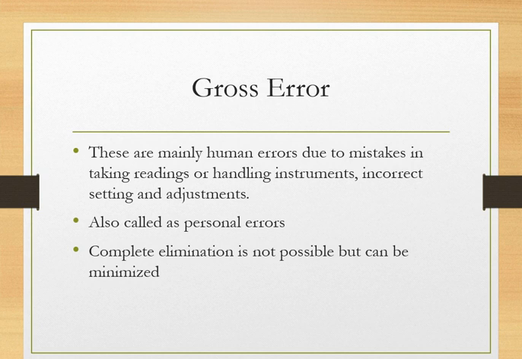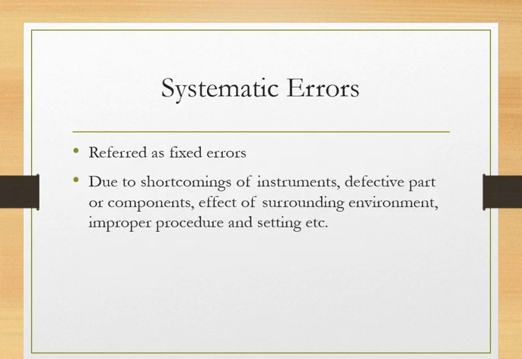Let's move forward to the next error, that is systematic error. These are the most important errors, because mostly we get systematic errors in our systems or instruments. So we have to see this point in depth.